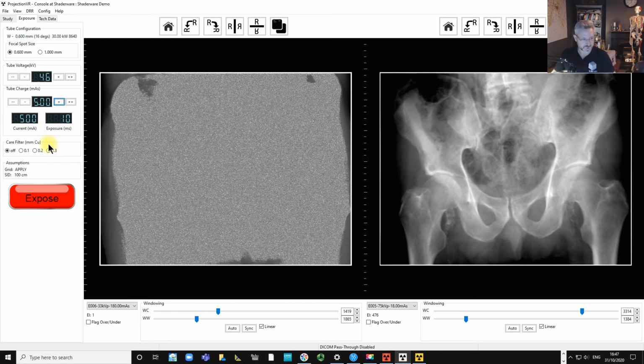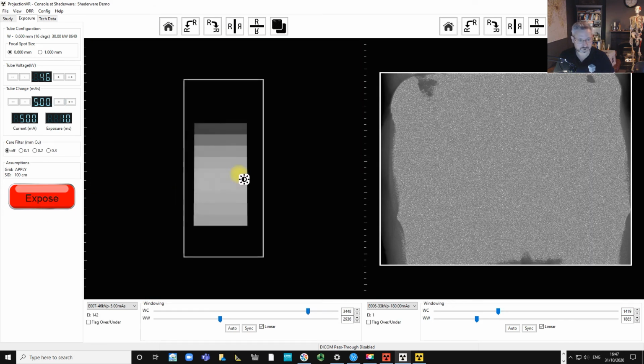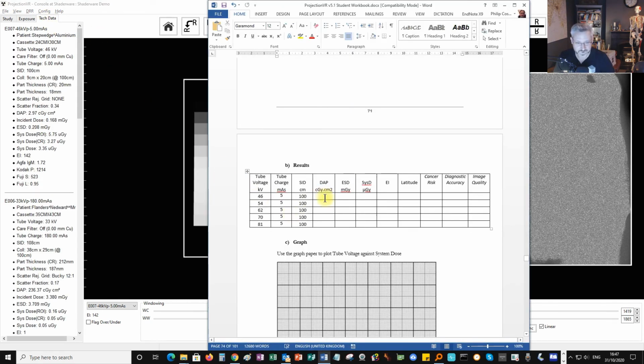Okay, so we'll expose that. And then we'll have a look at that in terms of windowing. Okay, and the Tech Data tab. So the DAP for this was 2.97.